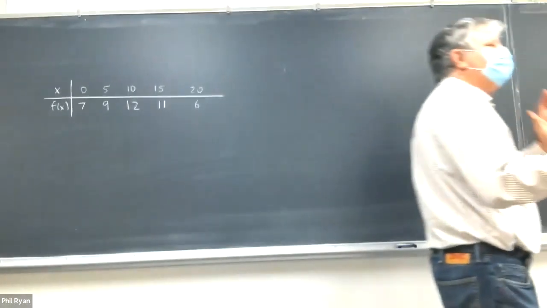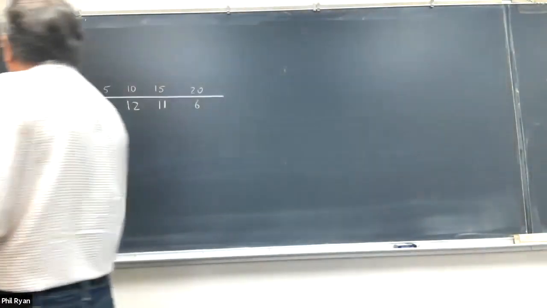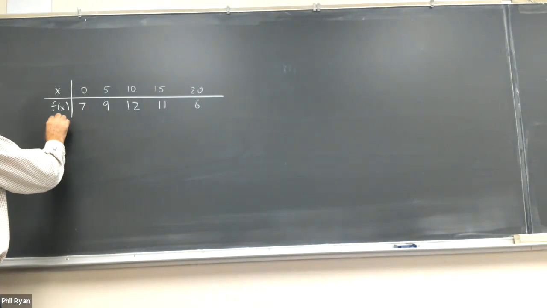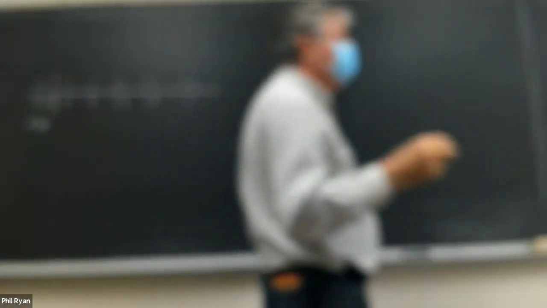Okay. So we're just measuring something. So one of the things I can do is I can take the derivative of it. And this is the first thing that we really ever did.